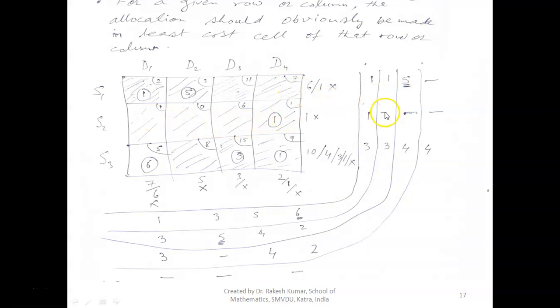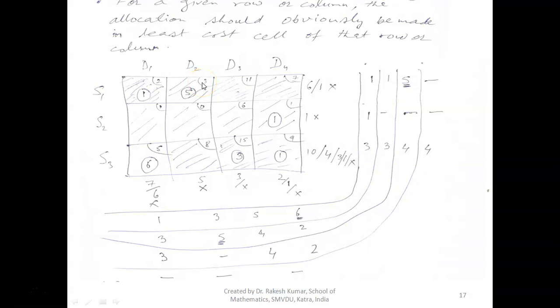Okay, so I put a dash here, and the penalties are like this: 1 3 3 5 4 2. Same way we found it. Then the highest is 5, and select this second column now for transportation. So in the second column and in the first and third row, the lowest cost is 3.